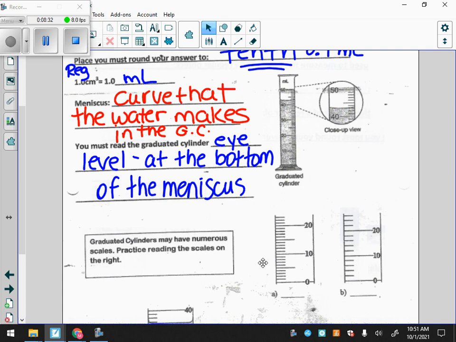Let's look at this. If I'm going from 0 to 10, what does each little line in the middle represent? What are we counting by? If we're going up the scale, are we going to count by 1? Let's see. 0, 1, 2, 3, 4, 5, 6, 7, 8, 9, 10. Looks like we're counting by ones. So each line would be 1 milliliter.